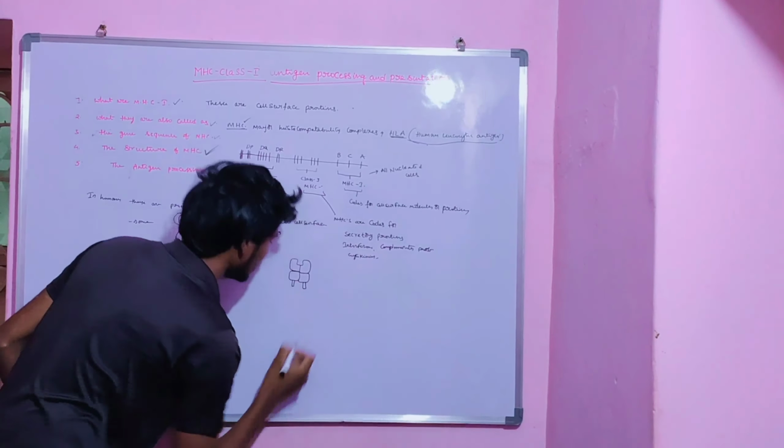And this is the DQ, which contains 5 loci, and DP is only one locus in a gene. Okay, the DP arm synthesizes TAP protein. So this TAP protein will give us small clearance.